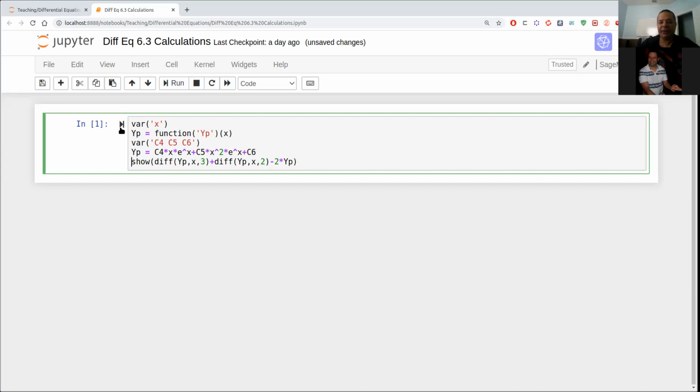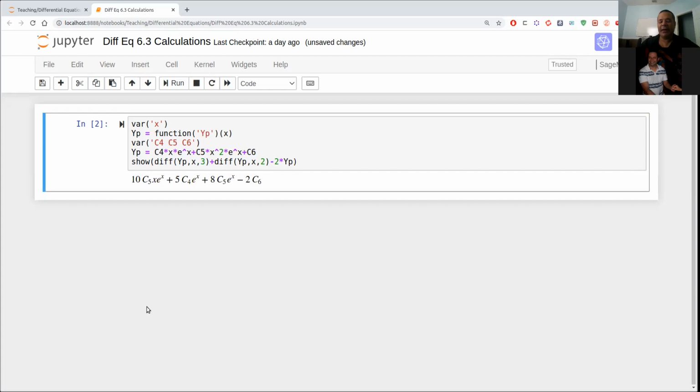And I'm going to show it. When I type in show, that means it's going to make it look nice and pretty. So look what I get. I get 10 c5 x e to the x plus 5 c4 e to the x plus 8 c5 e to the x minus 2 c6. So let me go back to the notes and we'll look at it there.